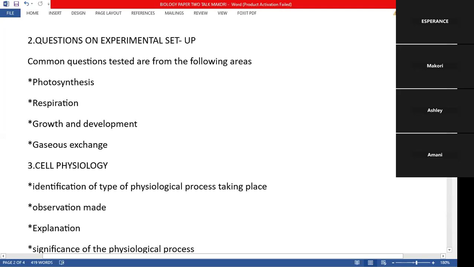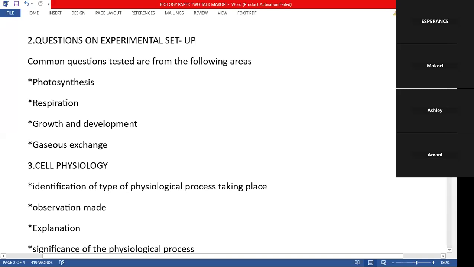Gaseous exchange is also another part that is normally tested in form of experimental setups. An example of this process, you may get a plant that has been placed within a certain point, and the gas that is being produced is collected and tested.